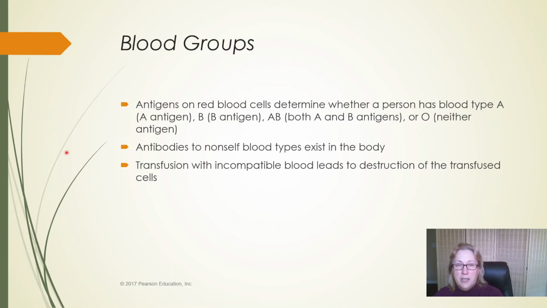And immunity also plays a part in blood transfusions. Probably all of you know, or maybe you can remember from Bio 1151 when we talked about genetics, there's actually a lot of subcategories, but we have different antigens on our red blood cells.